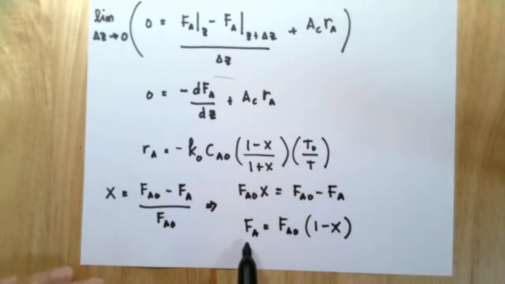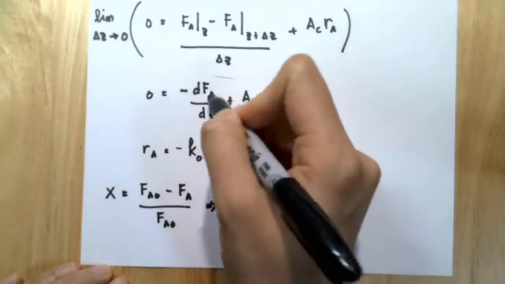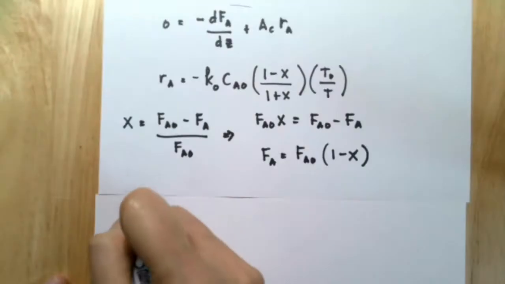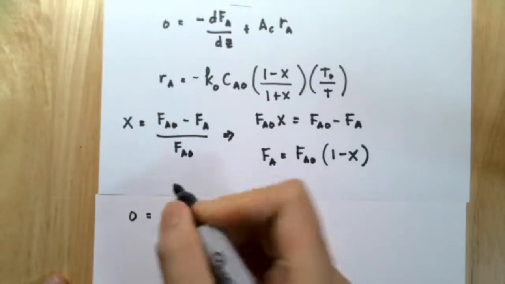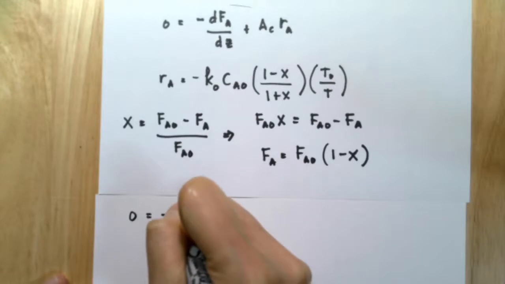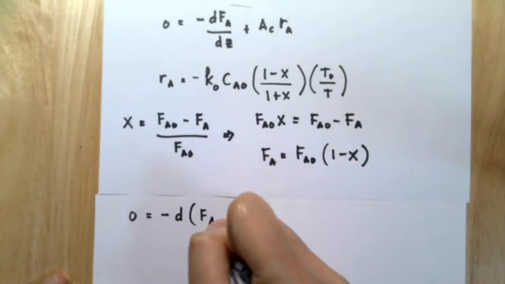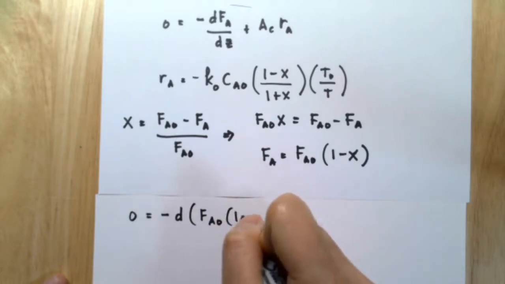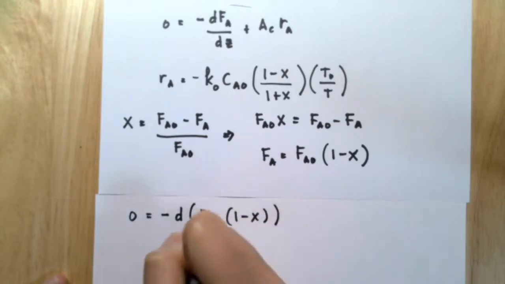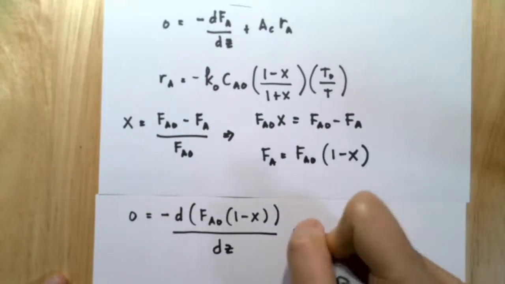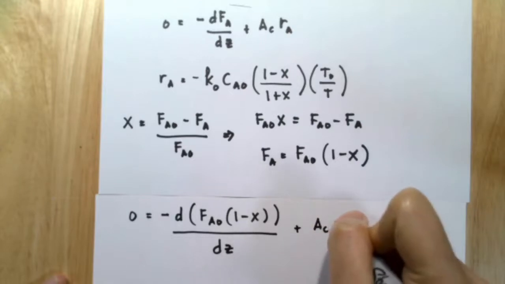Now we can substitute the expression for FA in terms of X into this equation. So replace this with this. We'll have 0 equal to the negative derivative of FA, which is the derivative of FA0 times 1 minus X with respect to Z, plus AC RA.